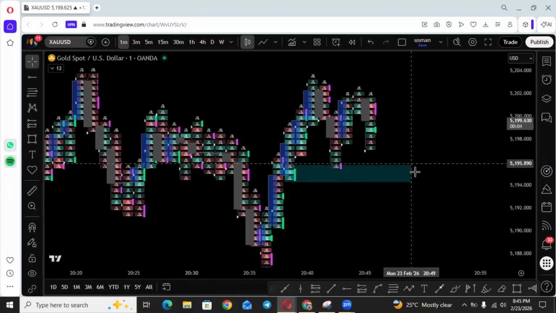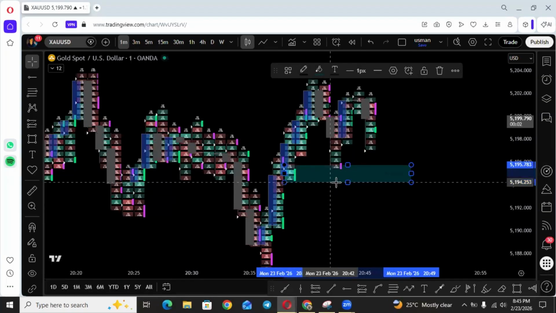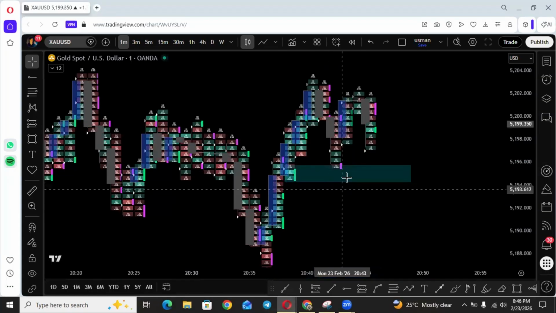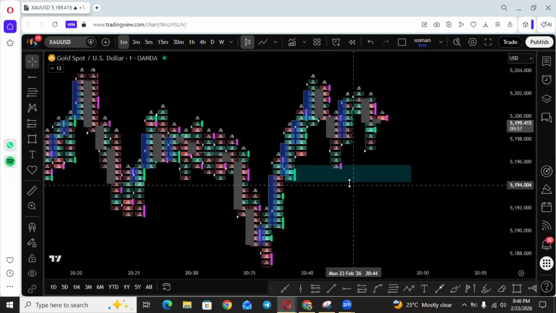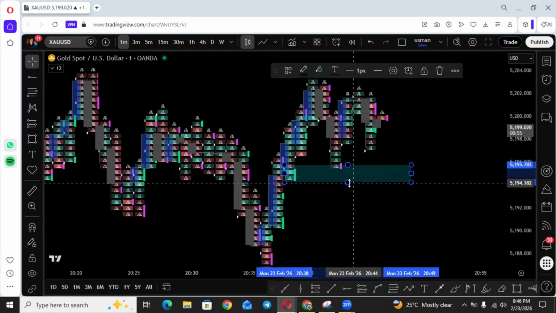Okay, I am not showing you a trade or a trade signal. I am just trying to deliver the concept of the imbalance. So don't take it as a trade signal or anything.